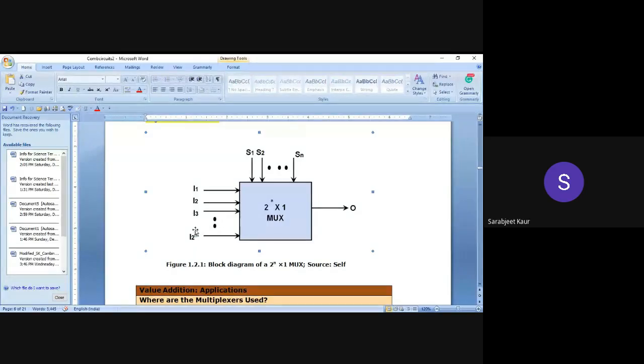These are the inputs denoted by I1, I2, I3 respectively up till I(2^n). Out of these, one of the inputs will be selected to be passed on to the output channel. Is this clear?